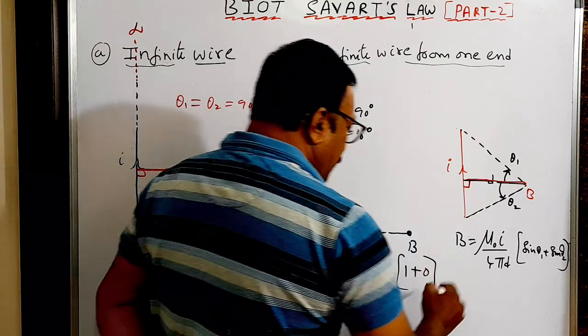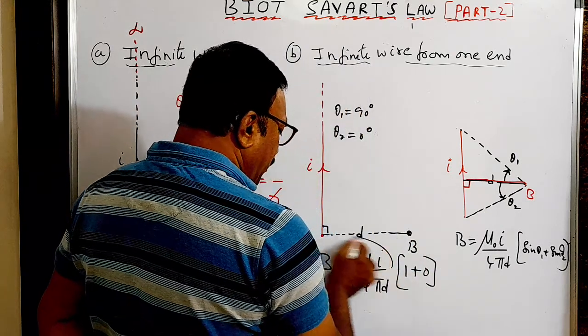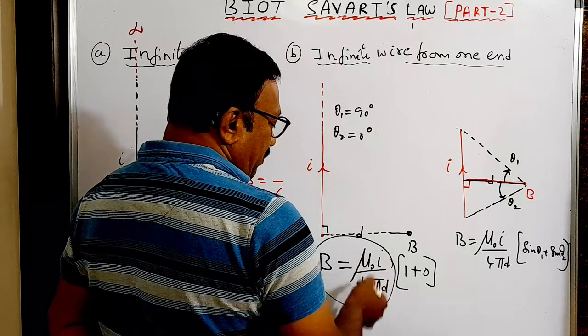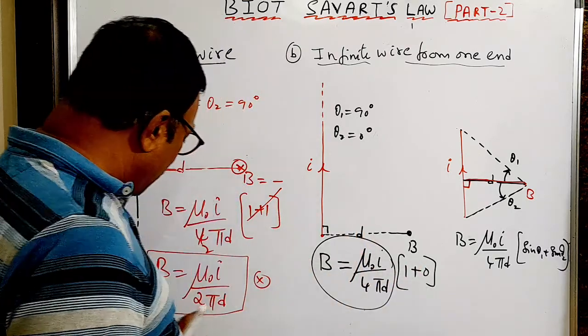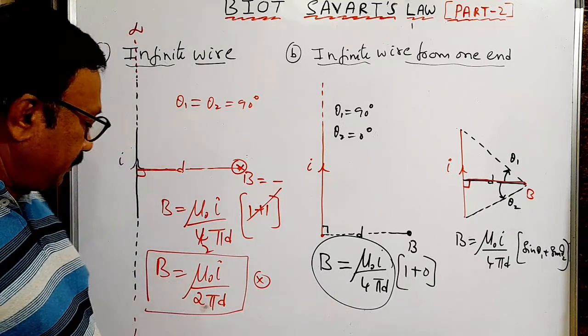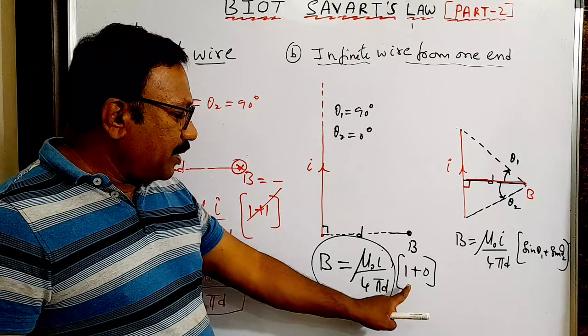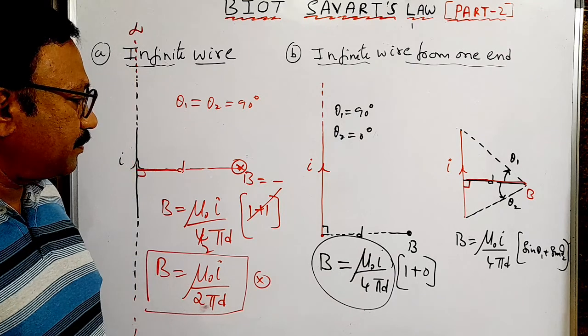So therefore this becomes now mu naught I by 4 pi d only, because mu naught I by 4 pi d into 1 is mu naught I by 4 pi d only. Observe the difference. If you multiply by 2 here, you will get this.